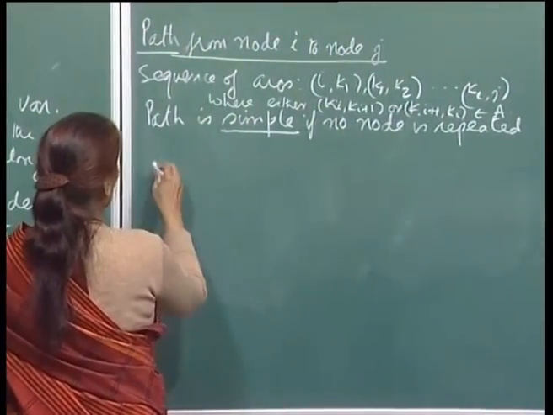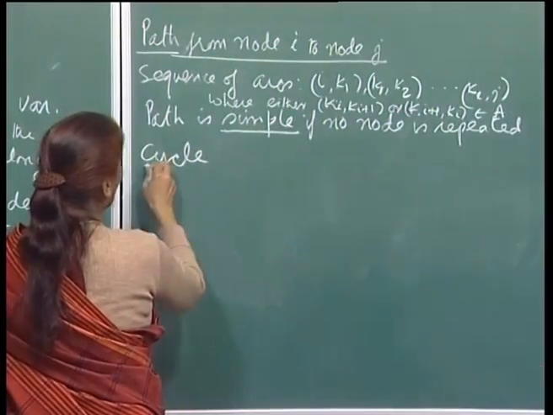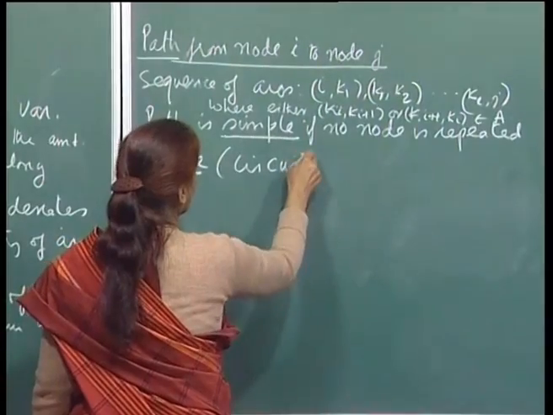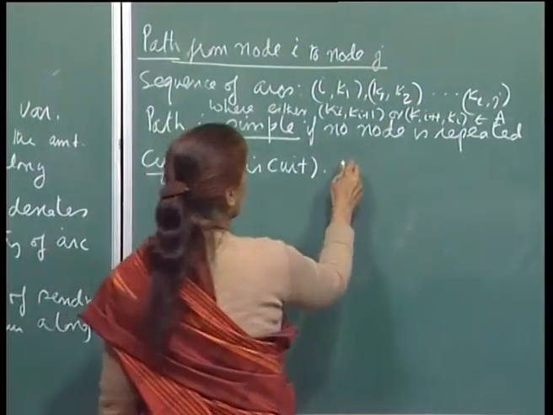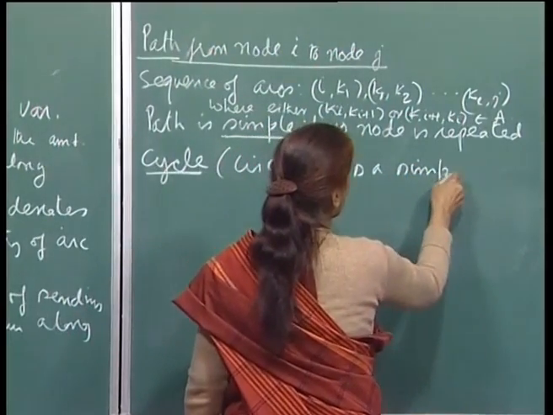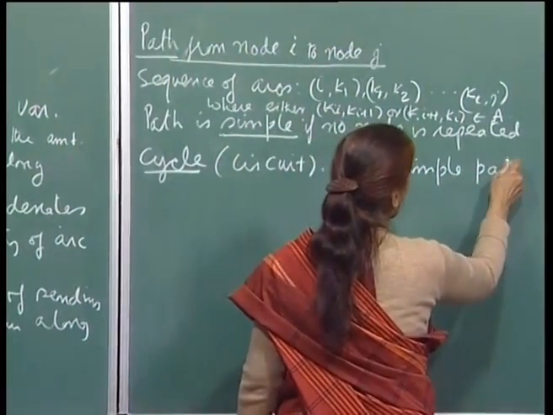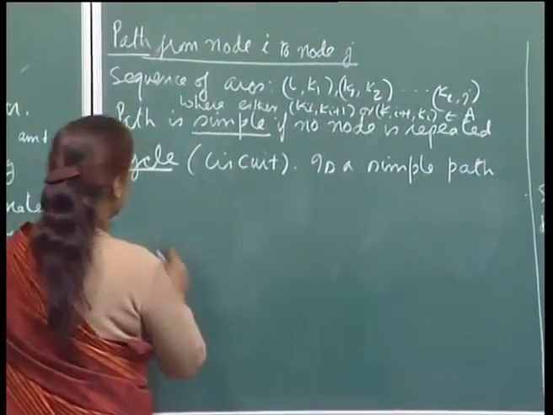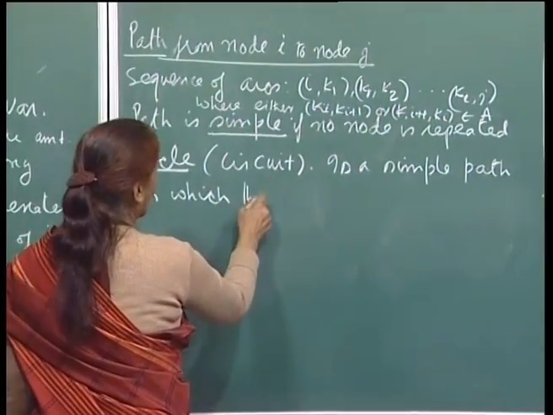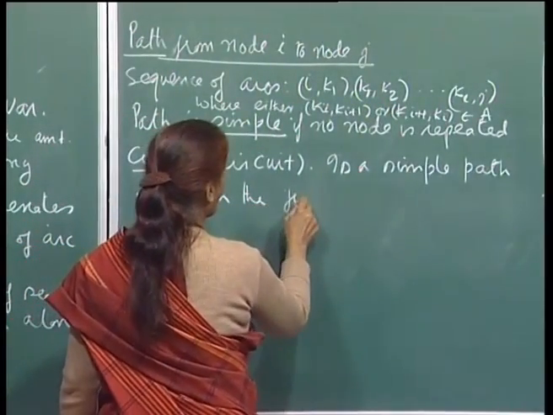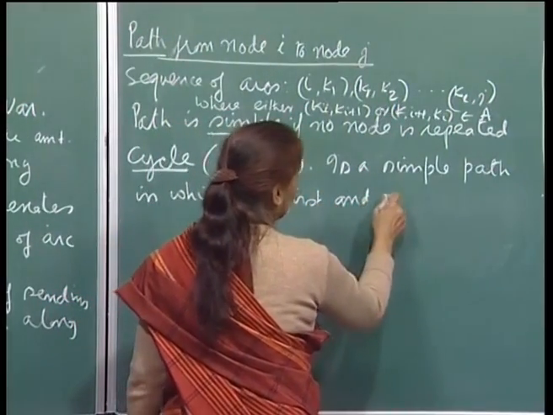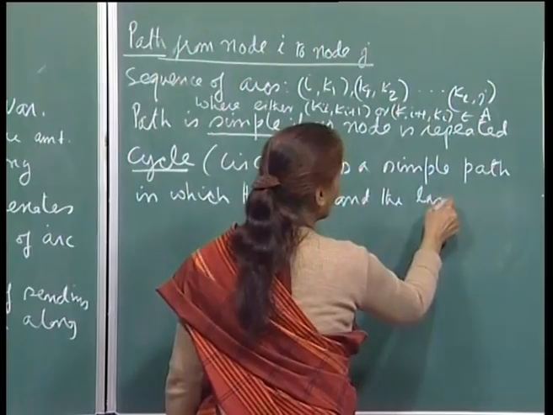Now I want to define a cycle, or some people call it a circuit. So a cycle is a simple path in which the first and the last nodes are the same.